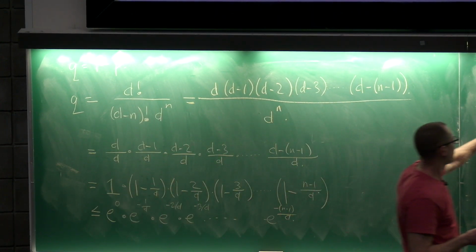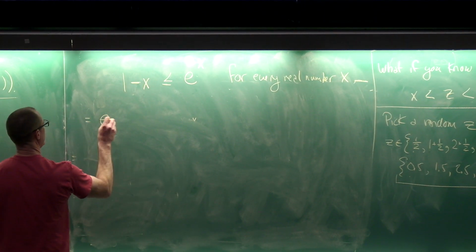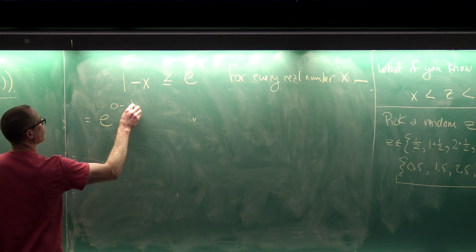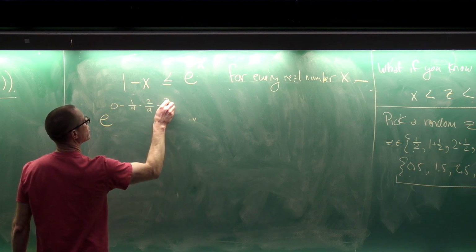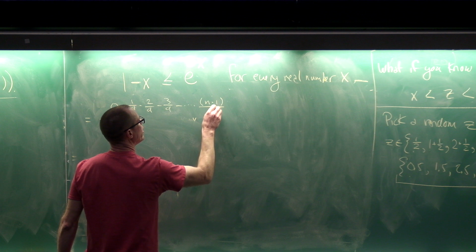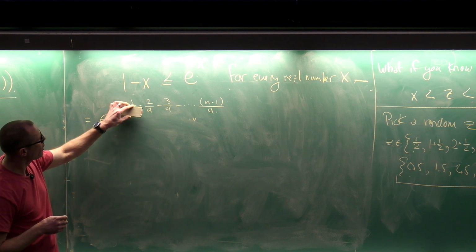So that thing is equal to e to the 0 minus 1 over d minus 2 over d minus 3 over d and so on, up to minus n minus 1 over d. Forget about the dividing by d's.